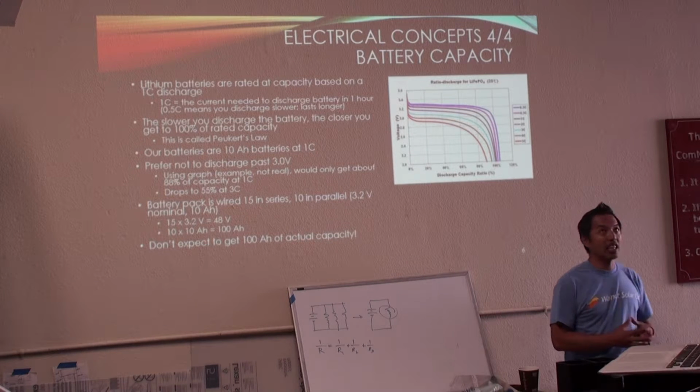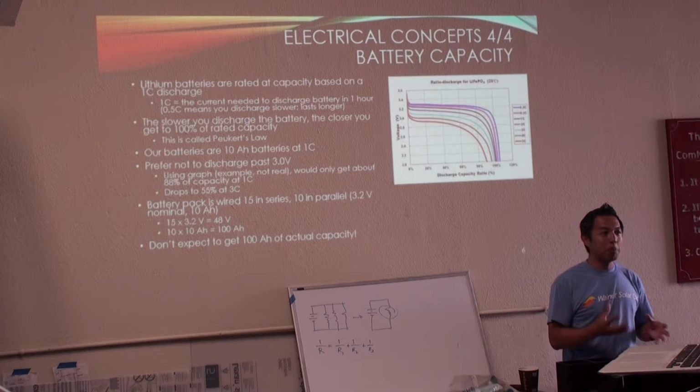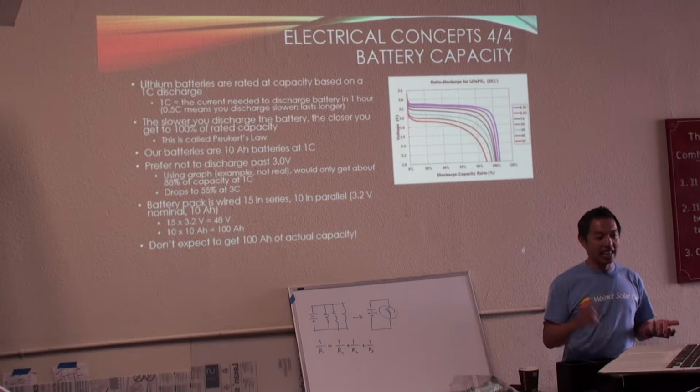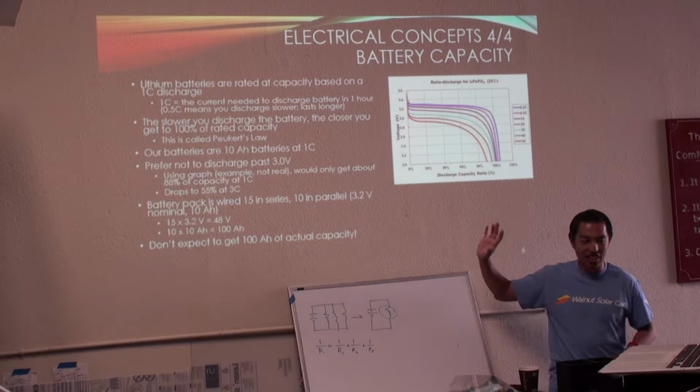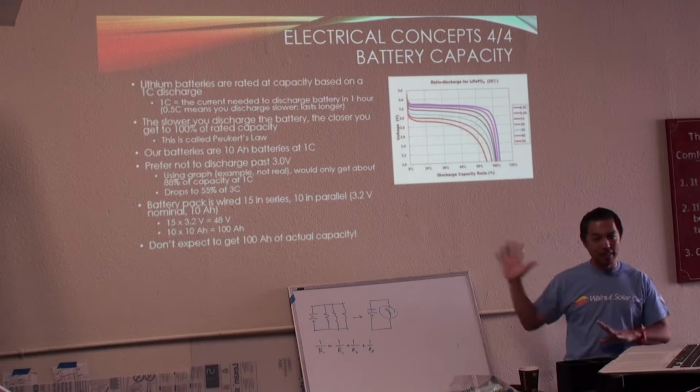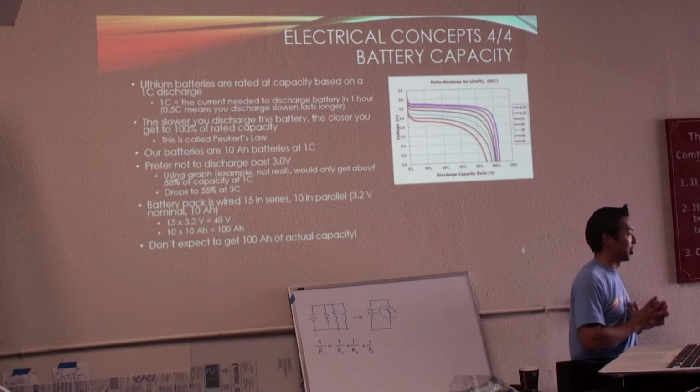that means that typically that rating is that I can take 10 amps out of that battery in 1 hour. At least we're talking about lithium batteries in particular. Lead acid batteries are calculated differently. Lead acid batteries are calculated at a 20-hour discharge rate.